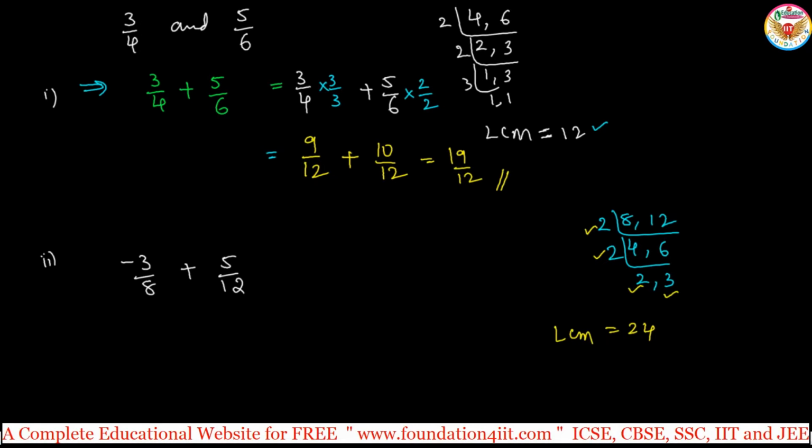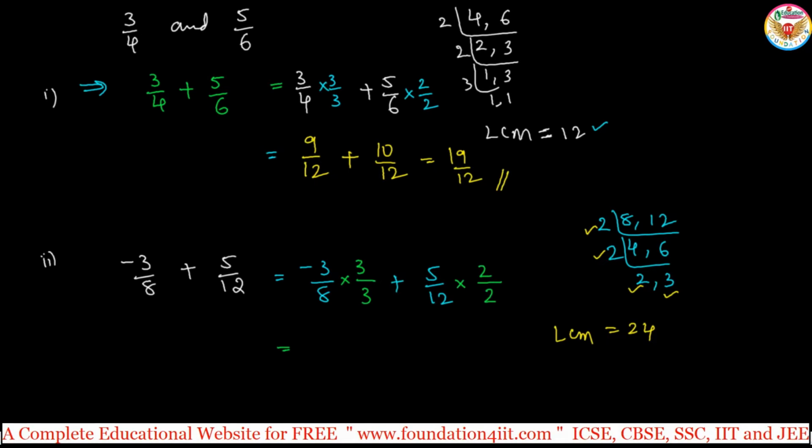So we should make the denominators 24. For minus 3/8 plus 5/12, the denominator must be 24. Already 8 is there, extra 3, the same 3 you keep for the numerator. 12 times 2 is 24, the same 2 you keep for the numerator.